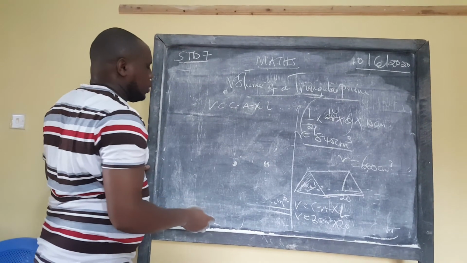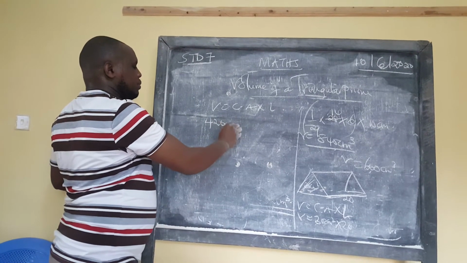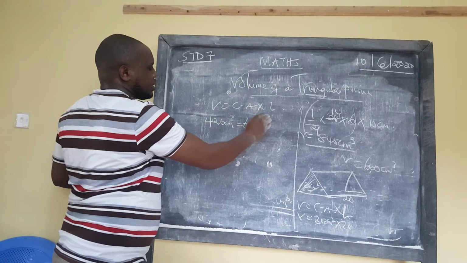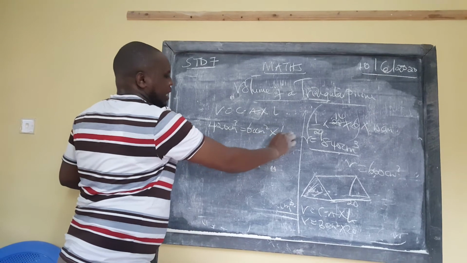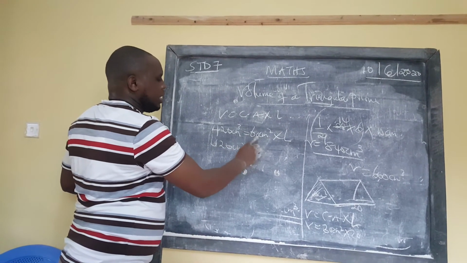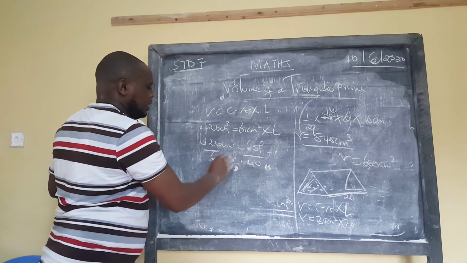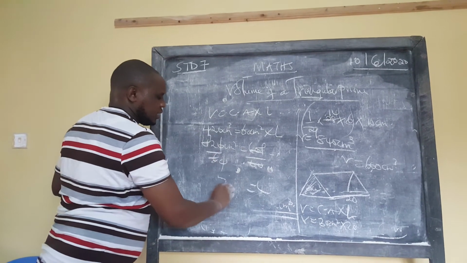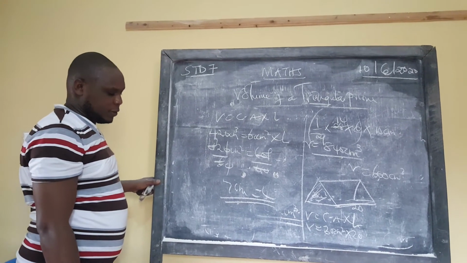Assuming they have given you a volume of 420 cubic centimeters, and the cross-sectional area is 60 centimeters squared, 60 times length equals 420. Dividing both sides by 60, your length is going to be 7 centimeters. Very easy, and you get it right.